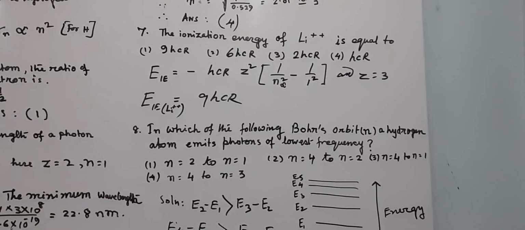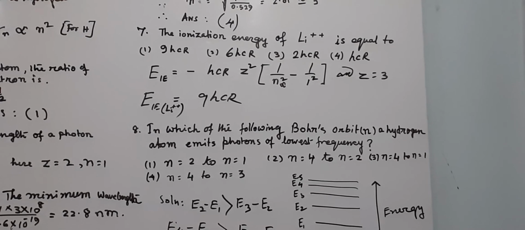Energy for ionization will be hcR z square within bracket 1 by n infinity square minus 1 square. So when n is infinity, 1 by n infinity square will give you 0. So answer will come 9 hcR, where for lithium it is z equal to 3.